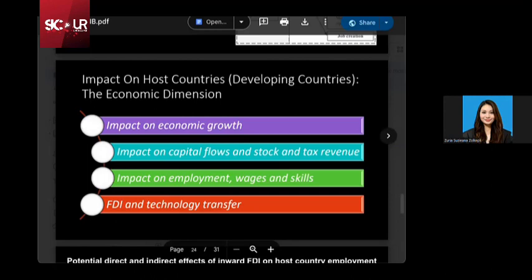Technology transfer because we learn the technology from the foreign firm, this one is the host, and for the home country or the company, they can learn about the technology that has been implemented in that foreign country.